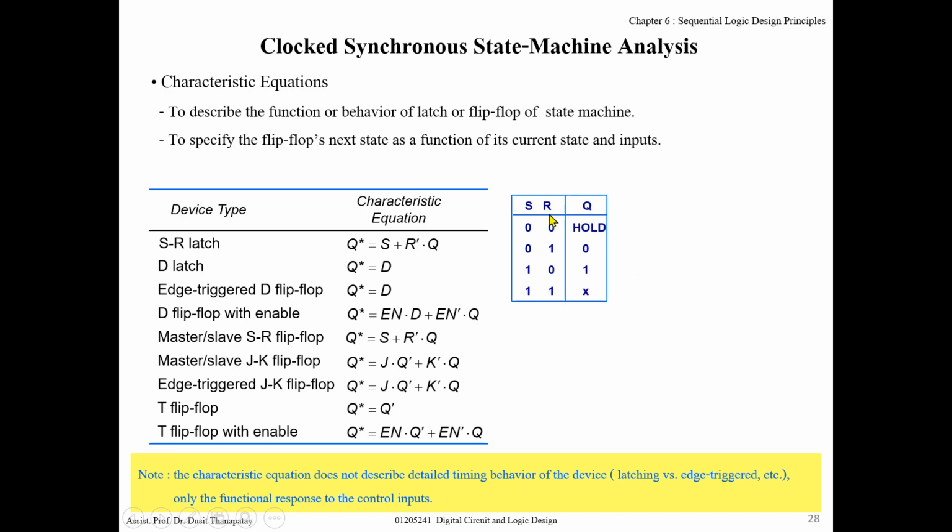for an SR latch, its function table may be something like this: S, R, Q. When SR is 0, it's hold mode, or the value of Q is the same as the previous one. When R is active, now it's reset. When set is active only, Q is 1, right?